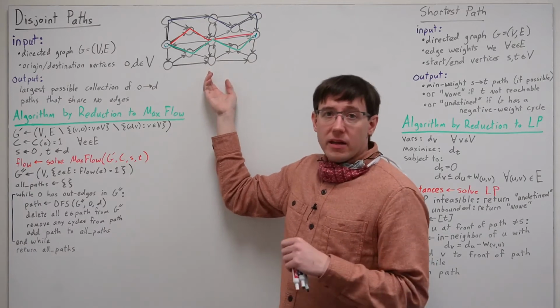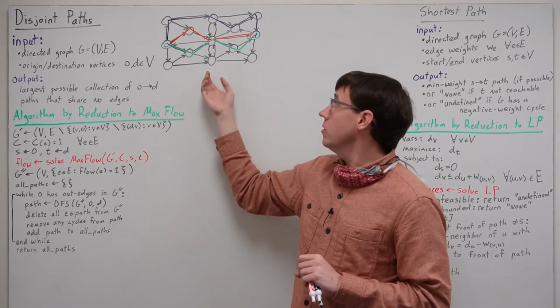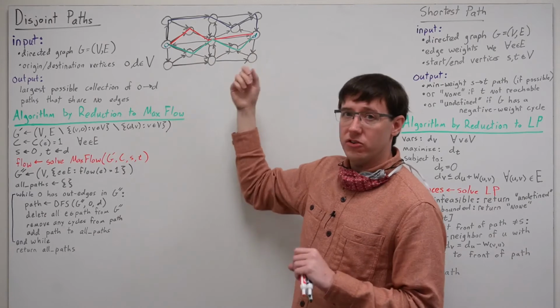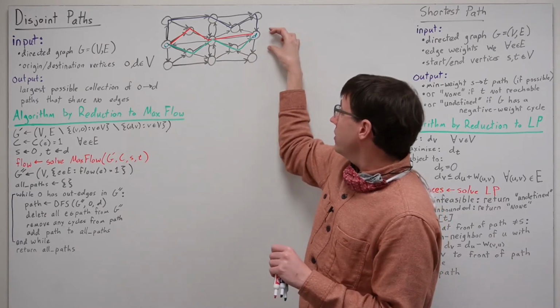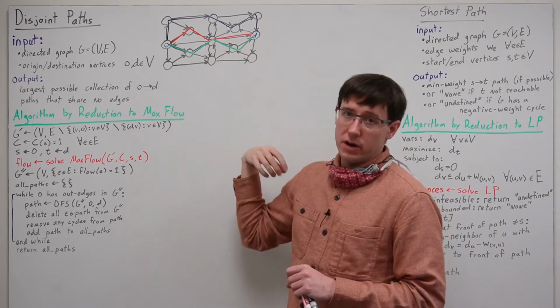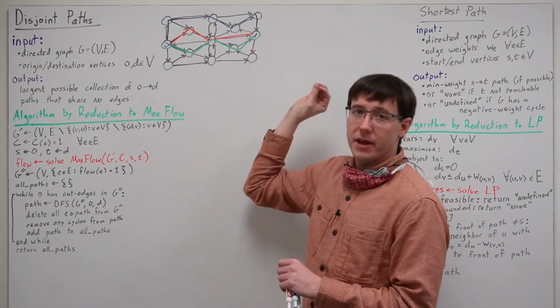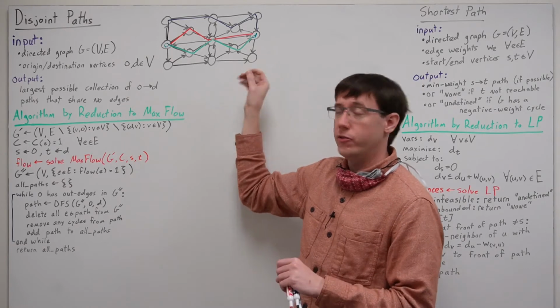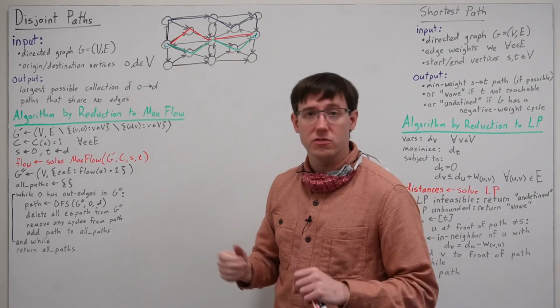Note that the paths can share vertices, but they cannot have any edges in common. And so at this point, we have used up all of the in-edges to our destination, so we know that there can't be any more paths that share no edges with these 3.